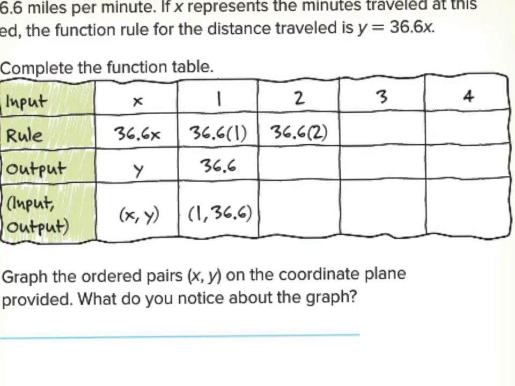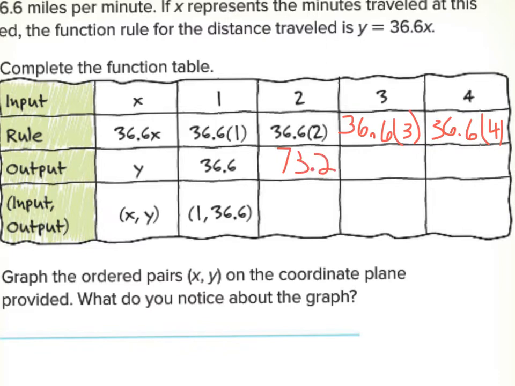Continuing the pattern of the input, for 3 minutes it's going to look like this. I'm going to pick red. 36.6 times 3 and 36.6 times 4. Now our output, what is that going to give us? Well, I actually have to multiply it. 36.6 times 2 will be 73.2.